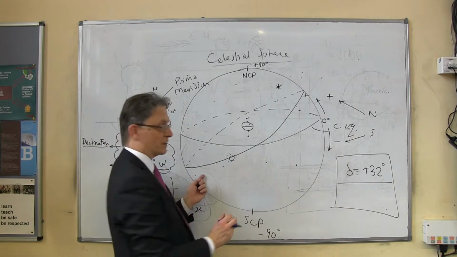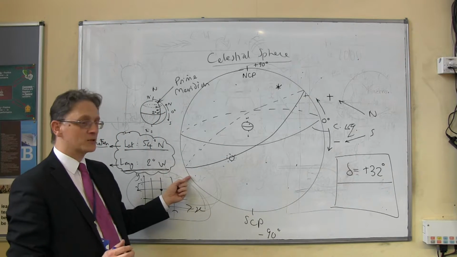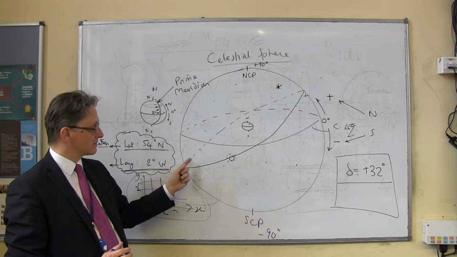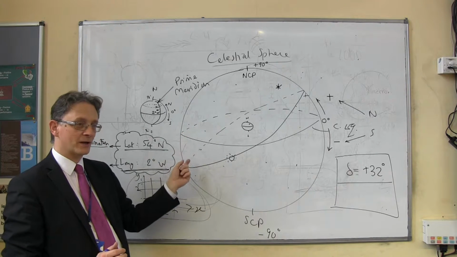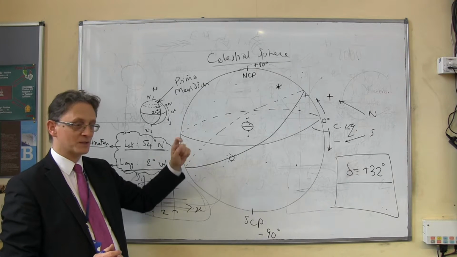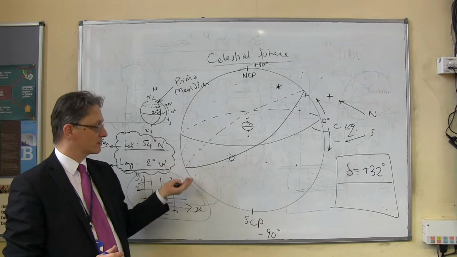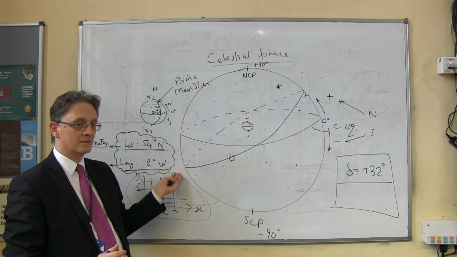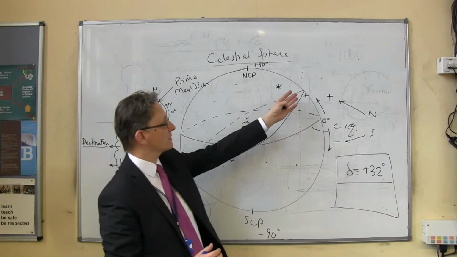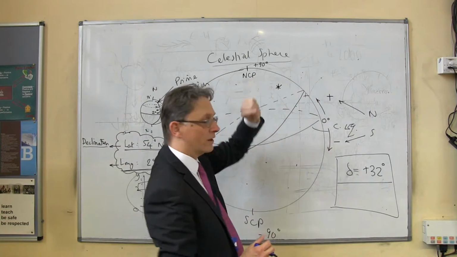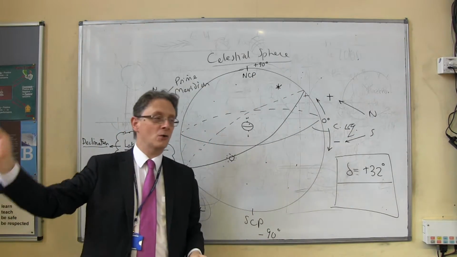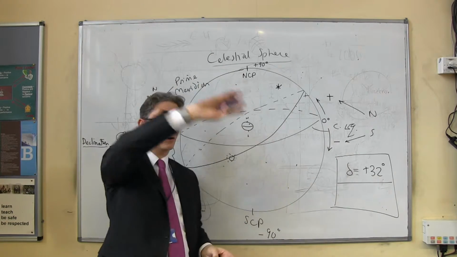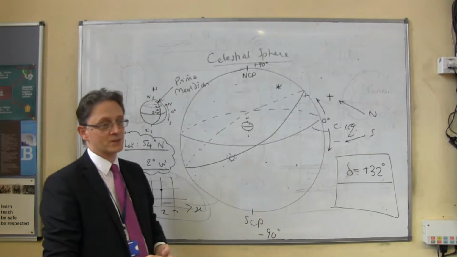But sometimes, as we know well recently, the sun is very low down in the celestial sphere. It does a very small path through the sky every day. It doesn't spend very long, it doesn't get very high, and we call that part of the year winter. In some parts of the year, the sun is very high on the celestial sphere.